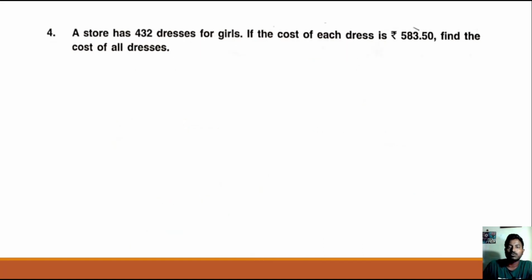Okay. Now the next question, question number 4. A store has 432 dresses for girls.